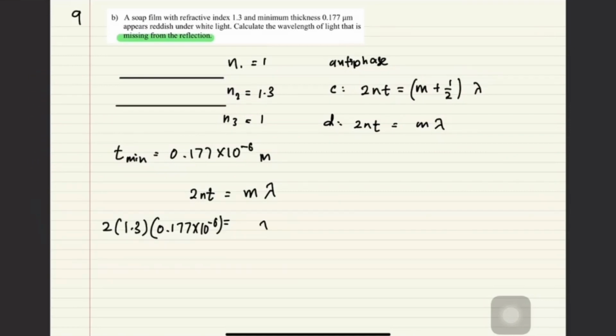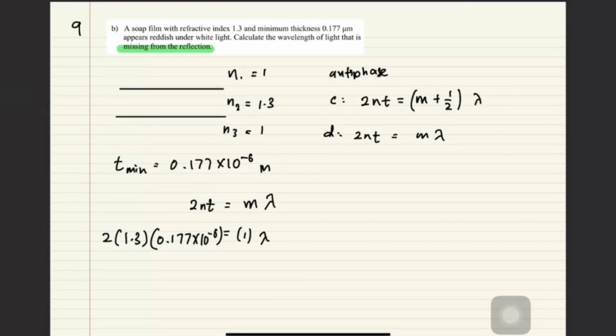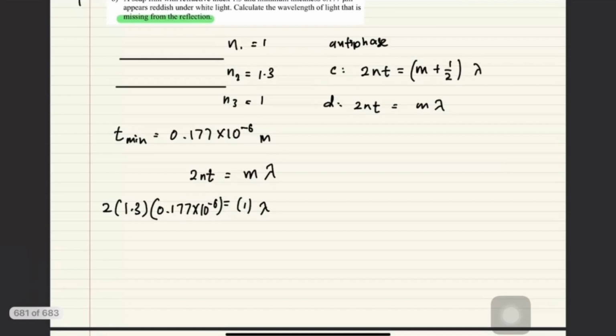Sebab the minimum, kita assume itu adalah 1 dulu. So I got here is 4.602 times 10 to the negative 7, from 460 nanometer.